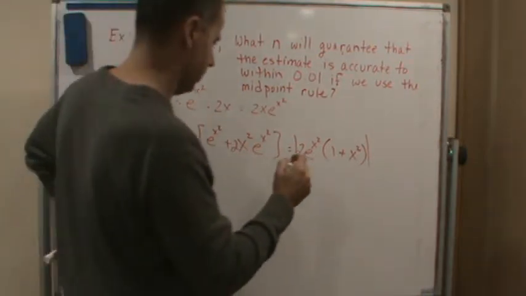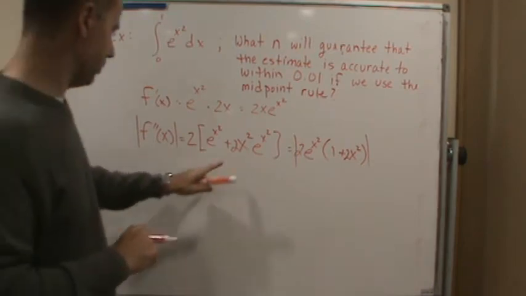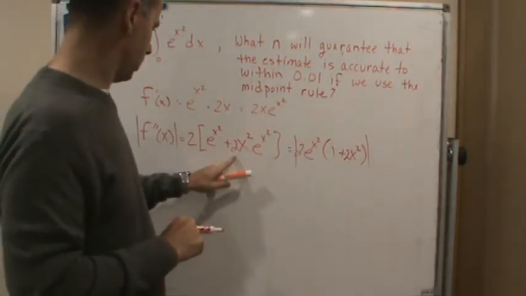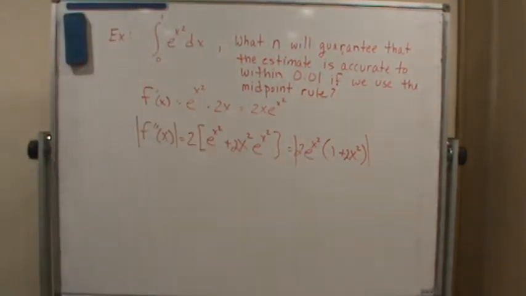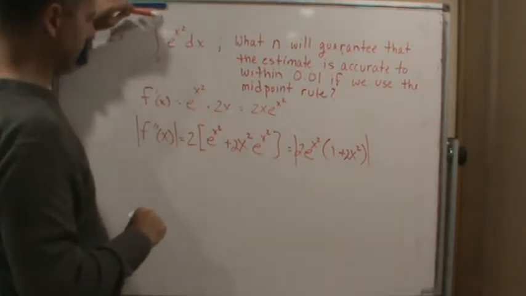Oh, hold on. I forgot a 2. Yeah, 2x squared. So the maximum this is going to be is when x is equal to 1.